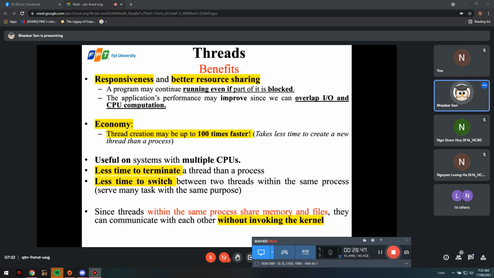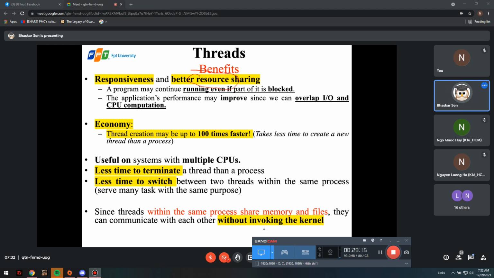That brings us to the next part that we call the benefits. What are the benefits? Looking at the benefits, let me highlight the key benefits that we were talking about. Number one, better resource sharing. We already know about that.